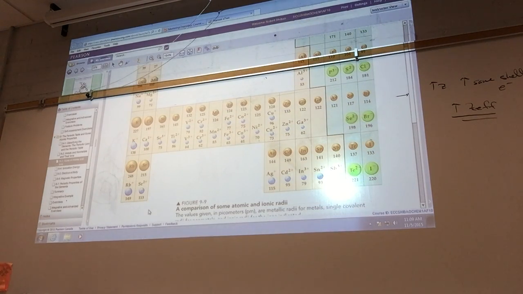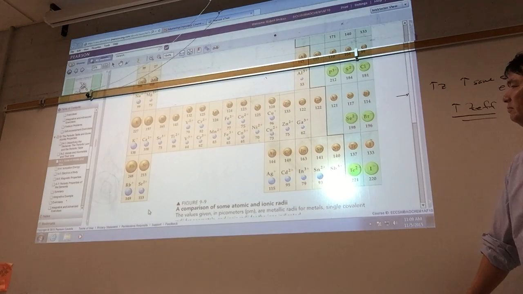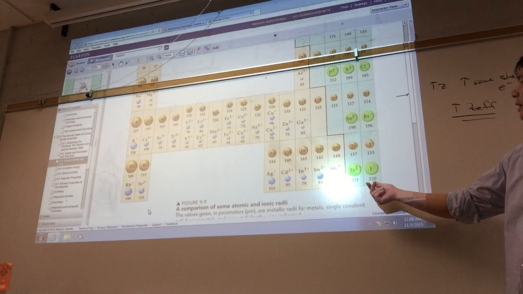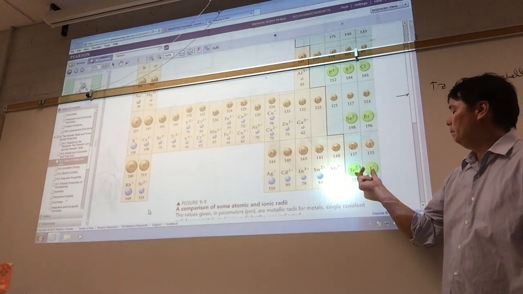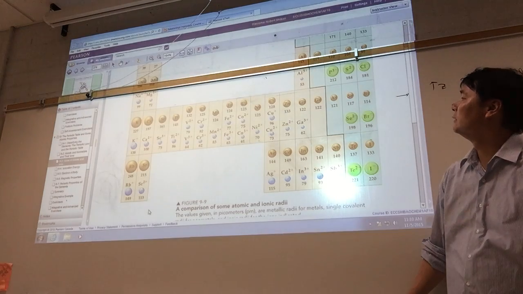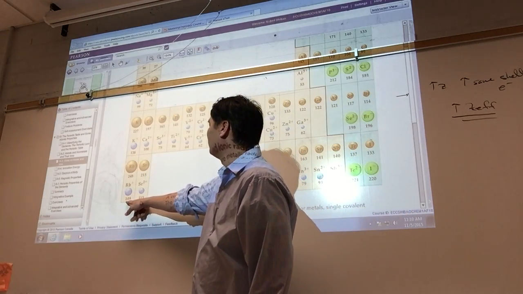So let's take a look at some of the biggest ions. Down here. Actually, we don't have too many more. Just telluride and iodide are pretty big at 220. Okay, let's look for the biggest cation. What's the biggest cation that you see? The biggest cation here, rubidium, 149.